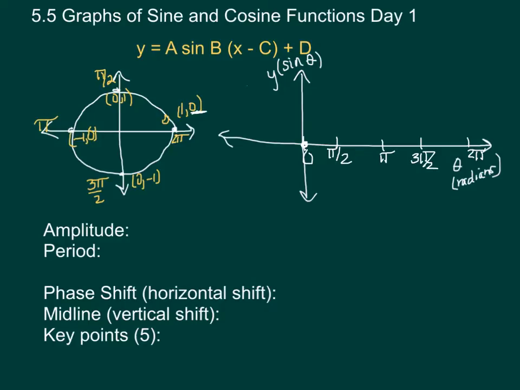So at 0, sine was 0. At pi over 2, sine was 1. At pi, sine was 0. At 3 pi over 2, sine was negative 1. And at 2 pi, sine was 0. So this is the basic sine curve.